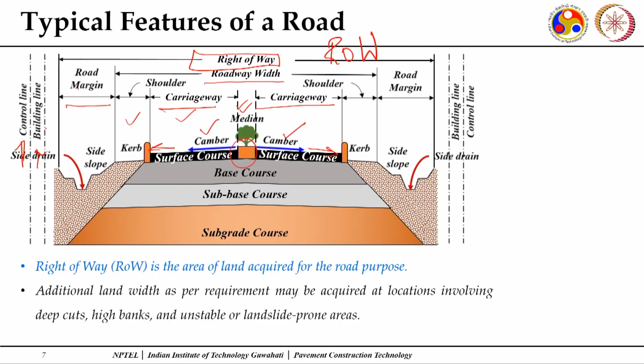So, we put up that up to the building line there should be no construction present, and from the building line to the control line only some particular structures should be allowed. So, that gives you the control line. So, these are normally the terms which are used. So, our right of way is the area of land acquired for the road purpose.